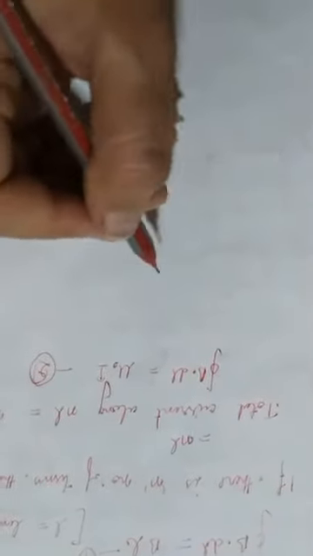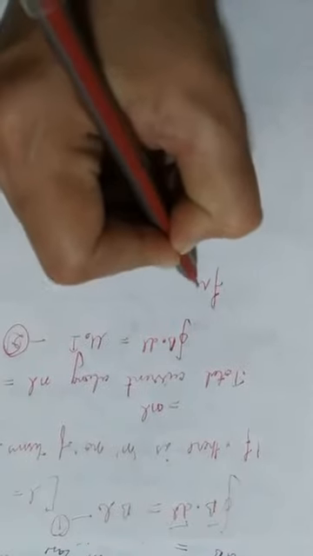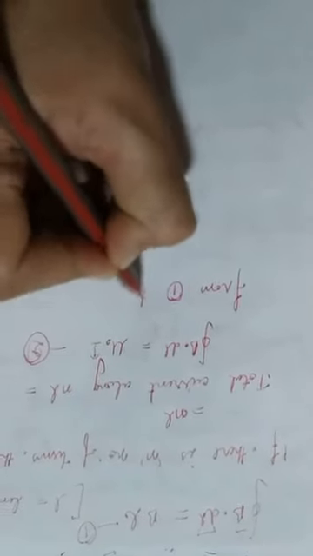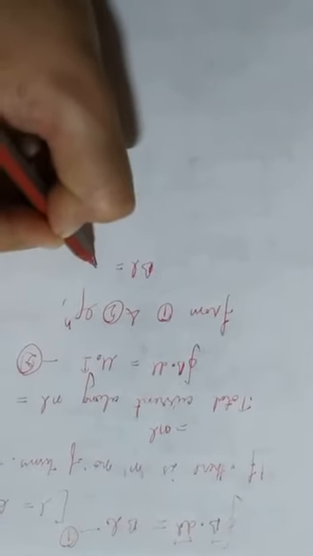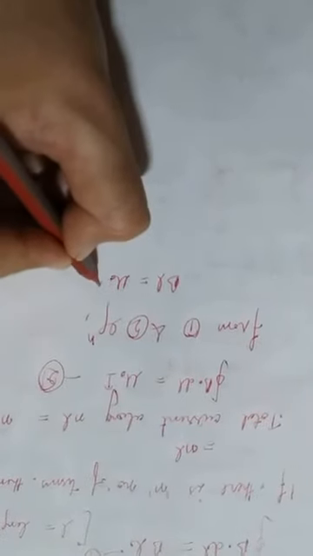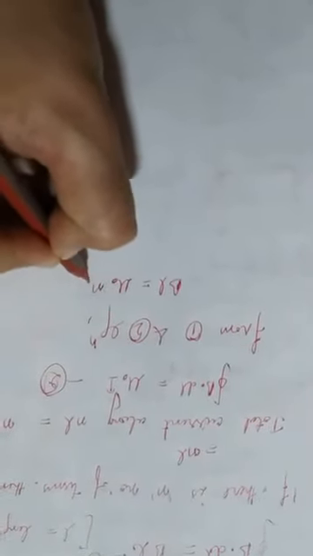From the first and second equations we can write BL equal to mu naught times the total current, that is NLI.